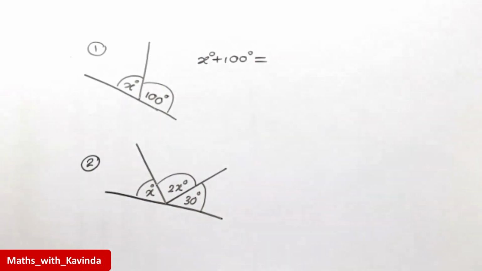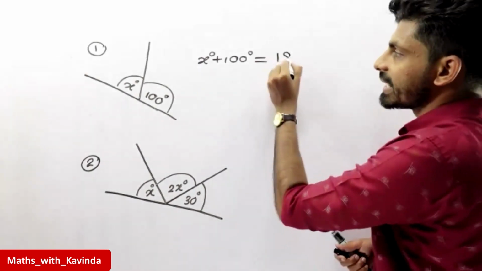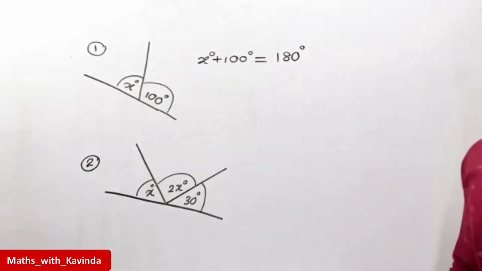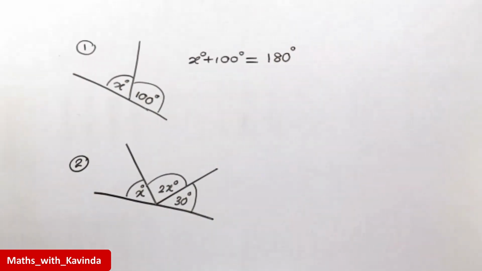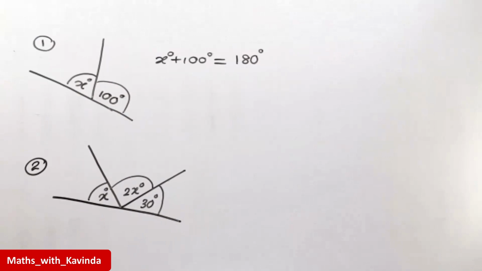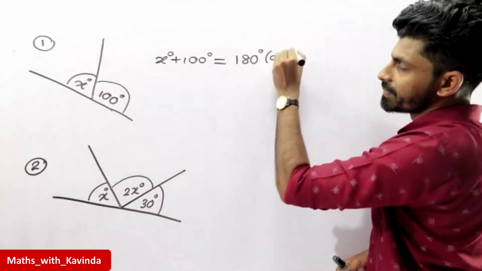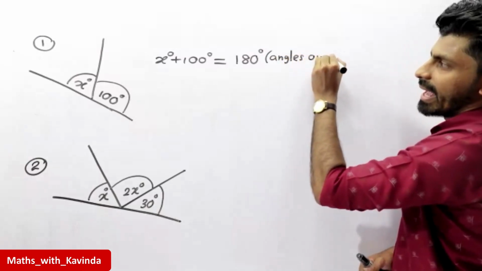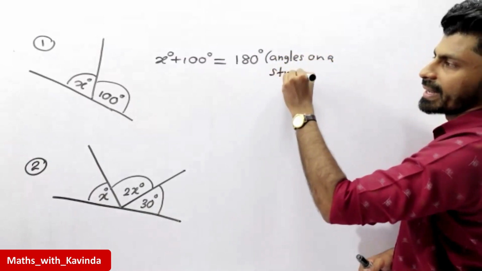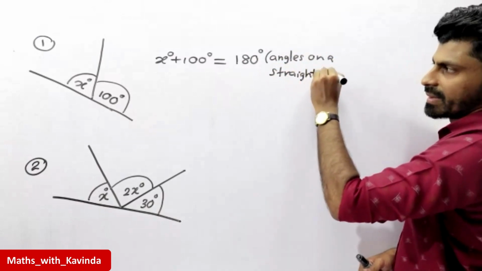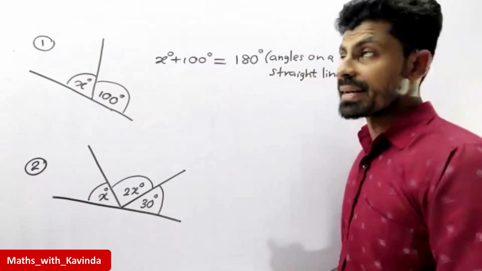X plus 100 equals 180 degrees. You can write down the reason: angles on a straight line.